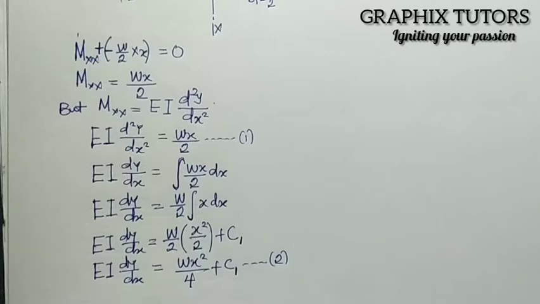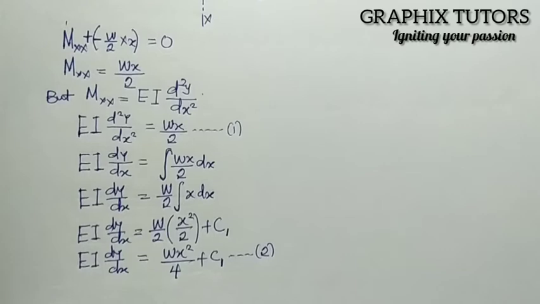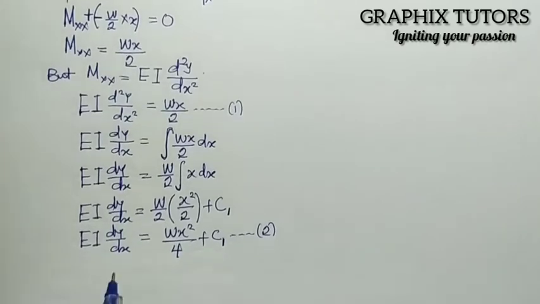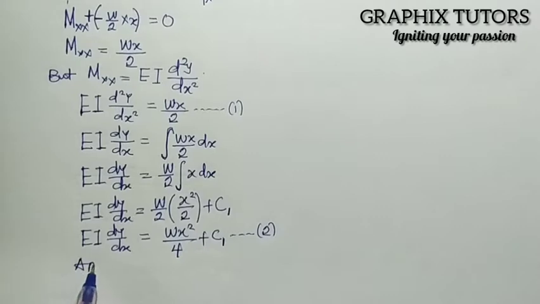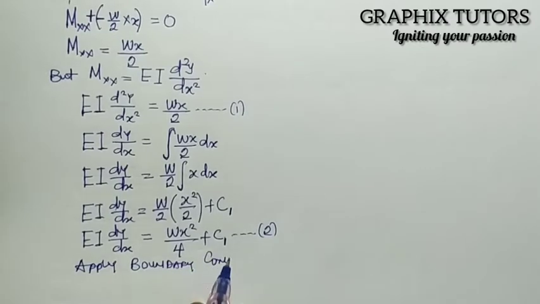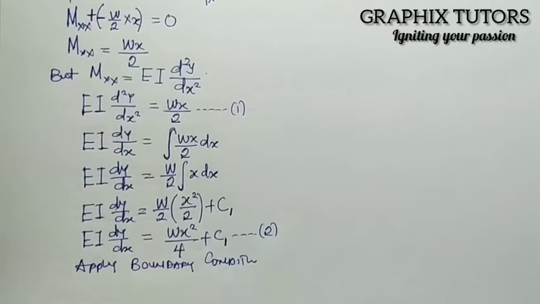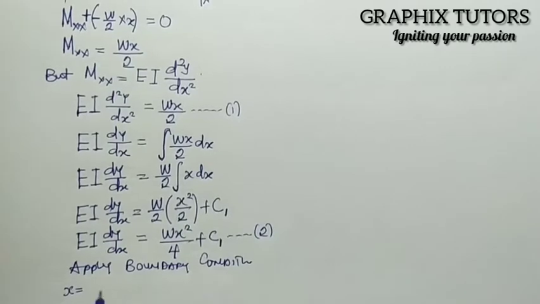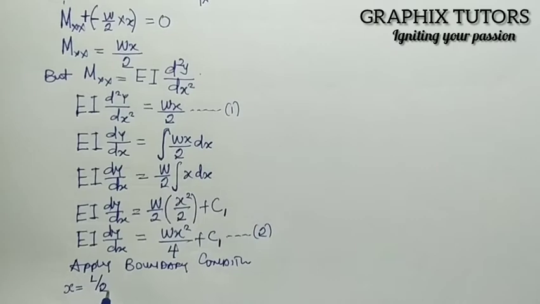So applying boundary conditions to equation 1, you say that at x equals L over 2, then dy over dx is equal to 0.